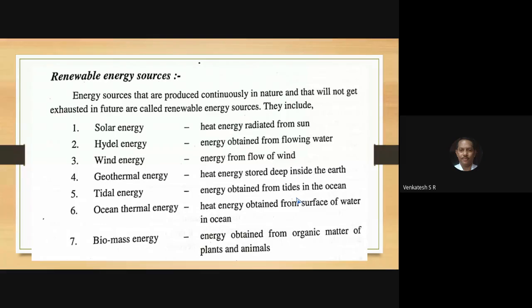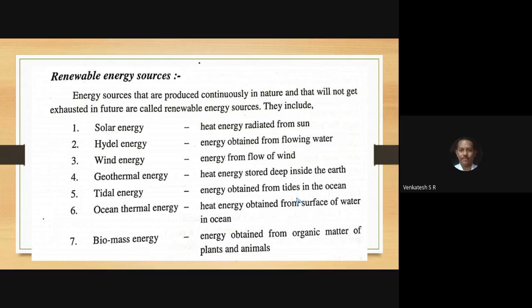If there is no energy, life becomes very difficult. We have to use the energy precisely and carefully. Do not waste any form of energy.